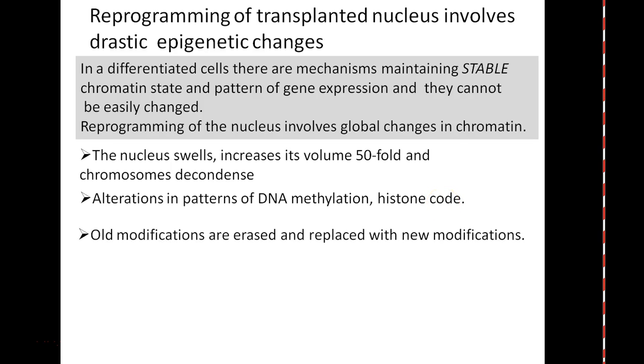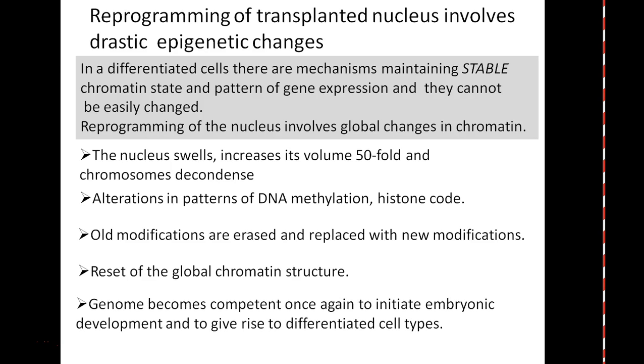So all the modifications are erased and replaced with new modifications specific to the stem cells. So there is a global reset of the chromatin structure. And after all of those steps are accomplished, the genome now becomes competent once again to initiate embryonic development and to give rise to differentiated cell types.